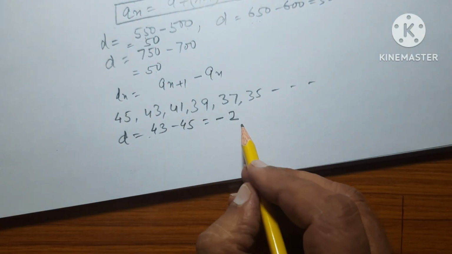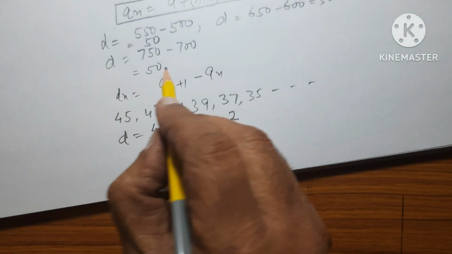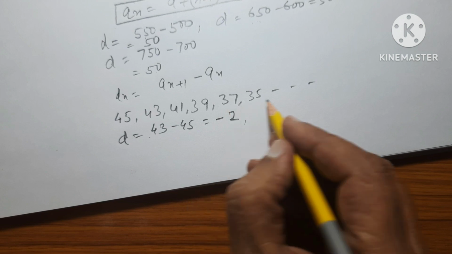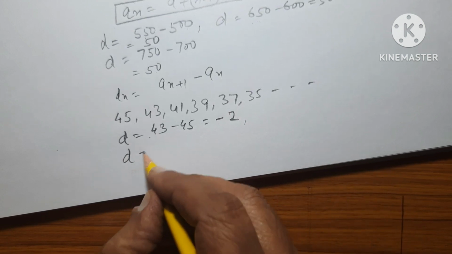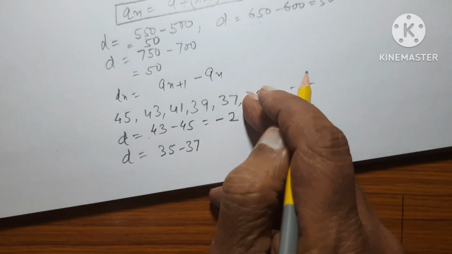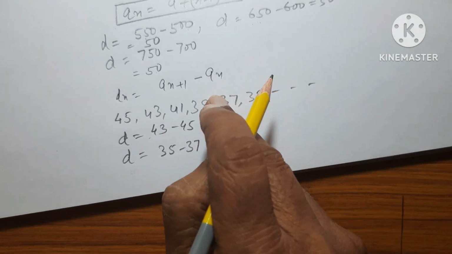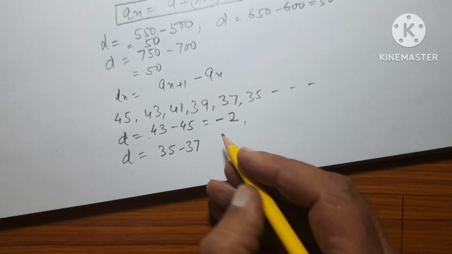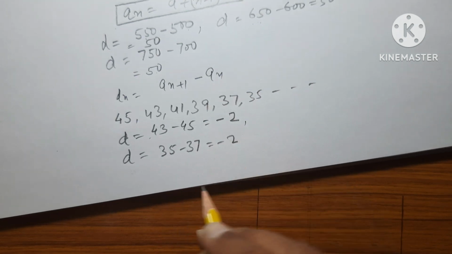So d can be minus also. d can be plus also. Similarly, if I calculate d from here, d is equal to 35 minus 37. Next term में से previous term को minus करना है. It is minus 2.